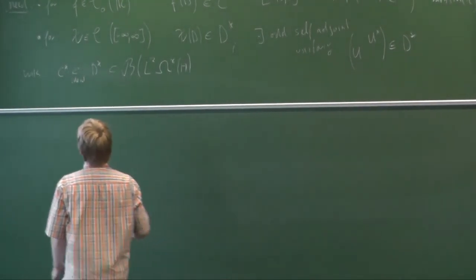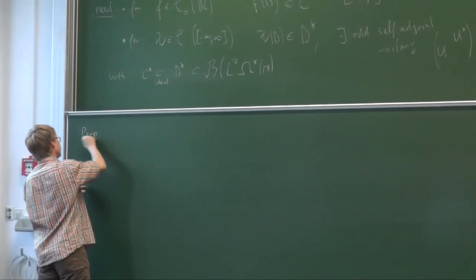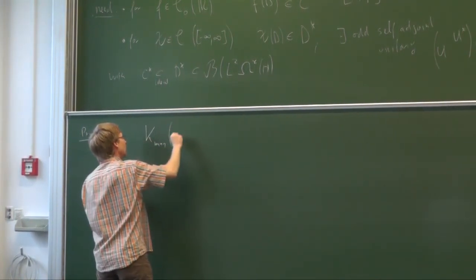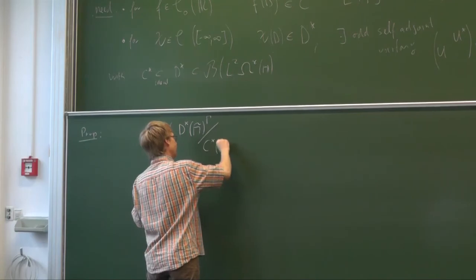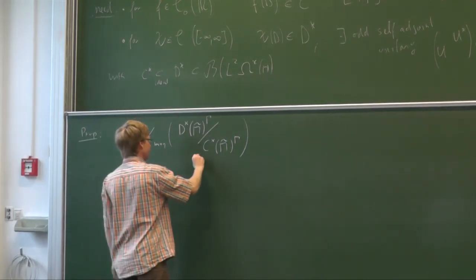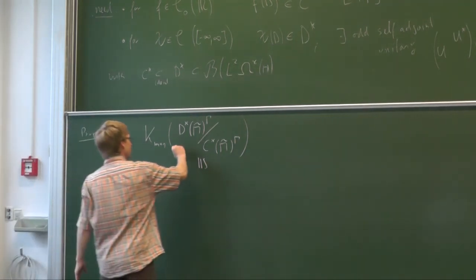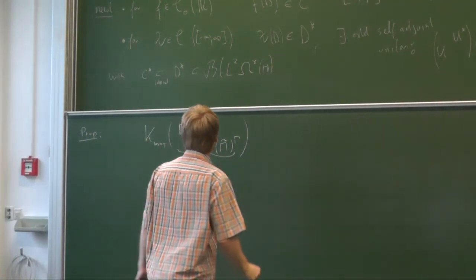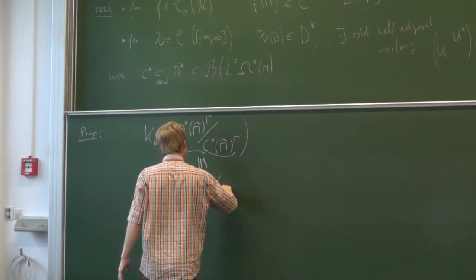And then, before we come to these properties here, another remark or a proposition. So, we saw that we're interested in the quotient of D star by C star. The first thing I want to observe is that this algebra is already isomorphic to the same thing, log and gamma, on the quotient.